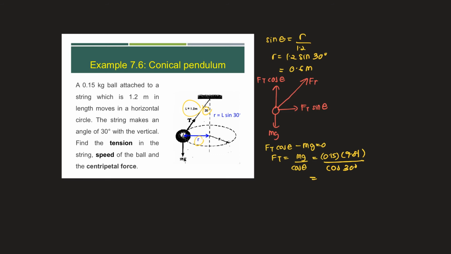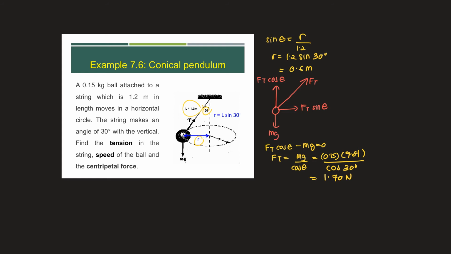So you are going to get 0.15 times 9.81 divided by cos 30, which is 1.70 Newton. You can actually use the x component to find the tension force. It's up to you. You are going to get the same answer.